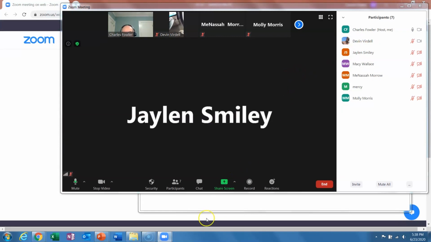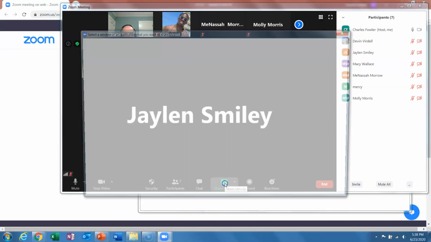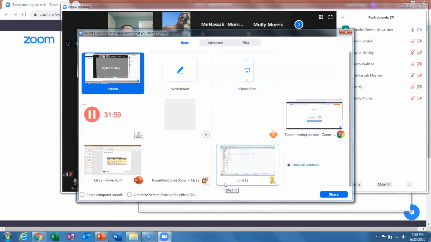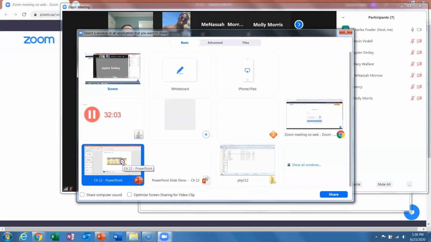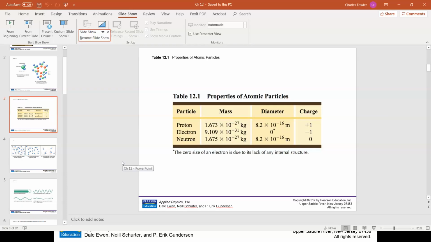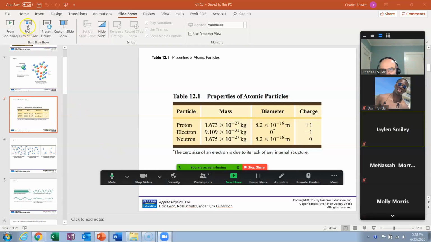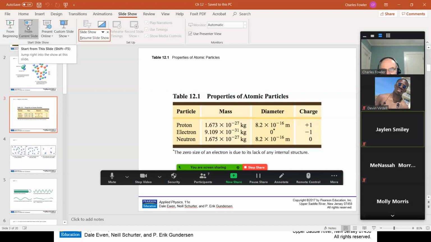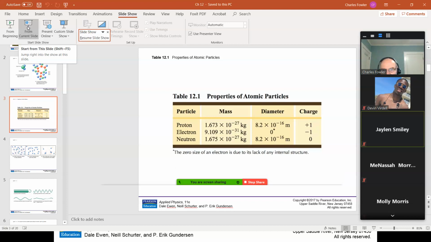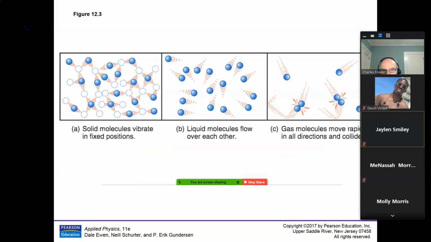Let me see if I can get our screen share set up again. Okay, I think that is where we were. Though I think we moved past that. Yes, I'm pretty sure we did. There we go.